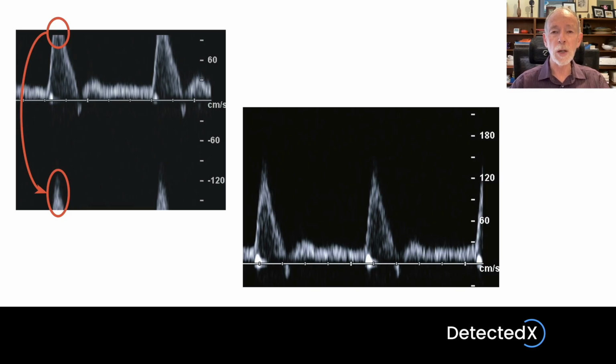The waveform no longer reaches the limits of the display. In fact, I've moved the baseline so low that there's very little display space below the line, and virtually all of the display is allocated to velocities above the line, or Doppler shifts above the line. So I've got rid of the aliasing by simply moving the baseline.